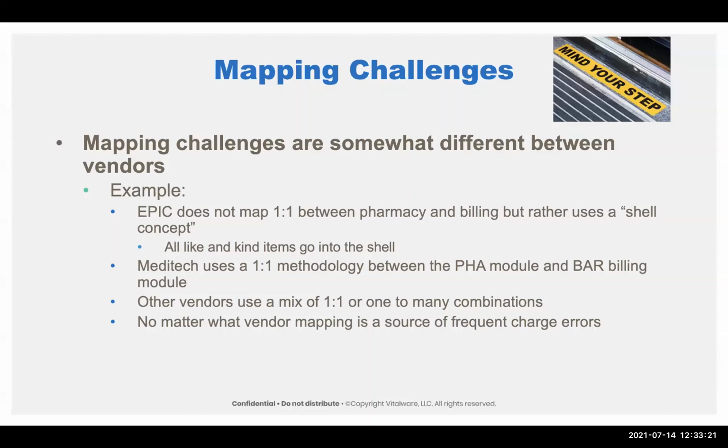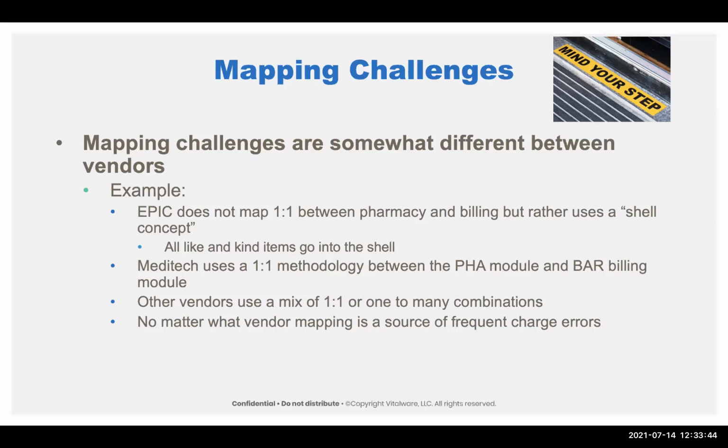Meditech uses a methodology between their PHA module and their bar billing module. However, that's a one-to-one. So one NDC number equals one drug equals one CDM line equals one bill line with the billing unit. So it's all one-to-one. It's none of that combined like in kind, it's one-to-one.